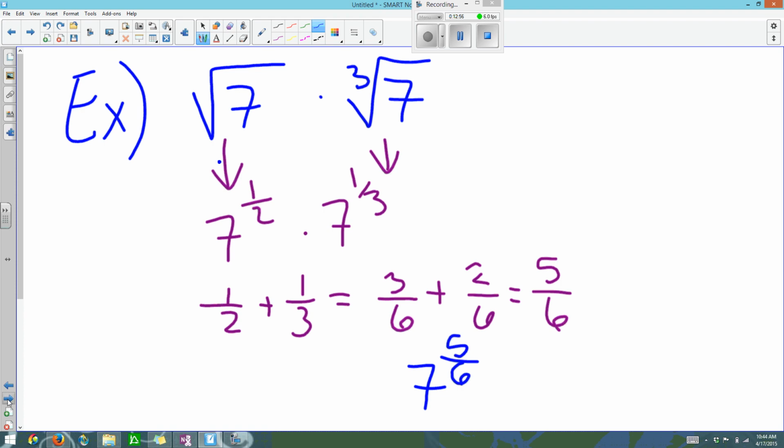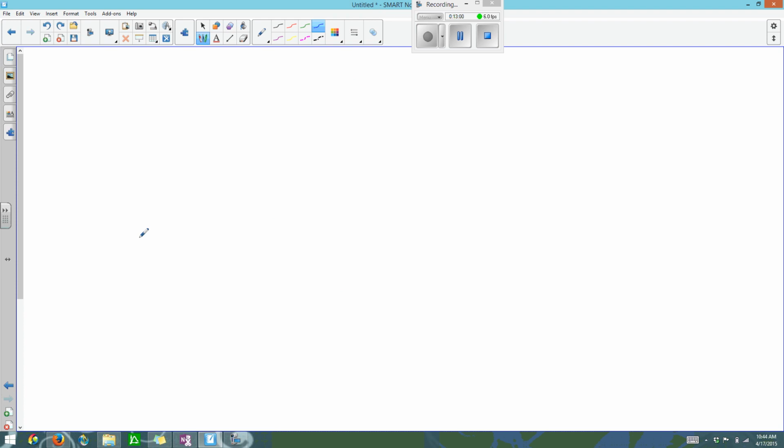Now, what would happen if I had a number raised to like a negative 2.5 or something like that, a decimal? Okay? What if I had something like this? I have to change the 2.5 into a fraction.